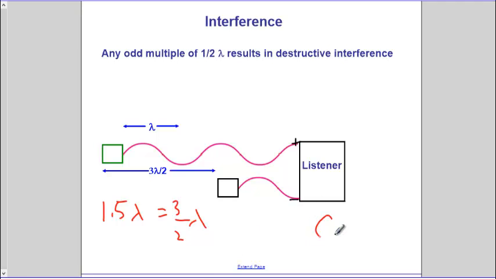And again, you get no sound at that location. There is sound, but since they're out of phase, they cancel each other. And this person will perceive, again, when they listen with their ear, they'll hear nothing. And that means there are no waves there. You would be standing in a node.